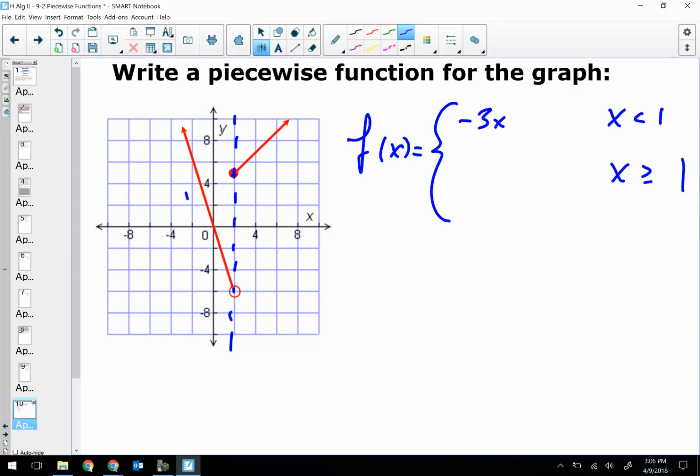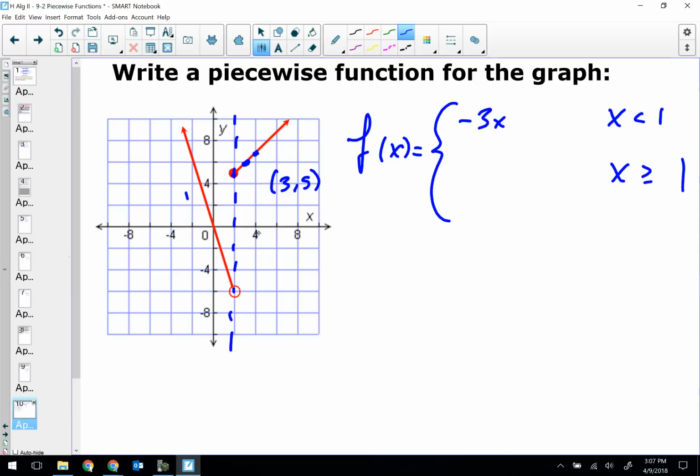All right, so what would be my y-intercept? Looks like I've got 3, comma, it crosses nicely, what is that? 5.